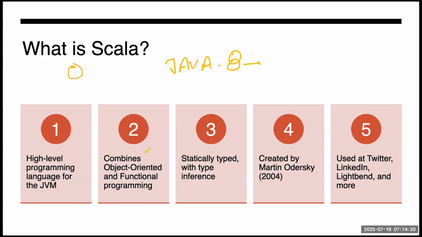We'll see why we call it functional programming. Even though Java started supporting functional programming with Java 8, it is still object oriented programming. But Scala has both object oriented as well as functional programming.